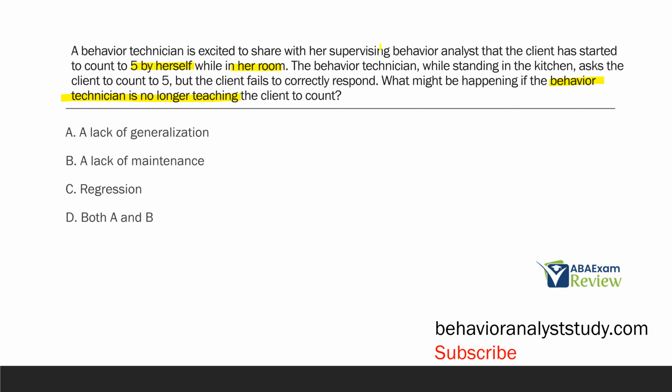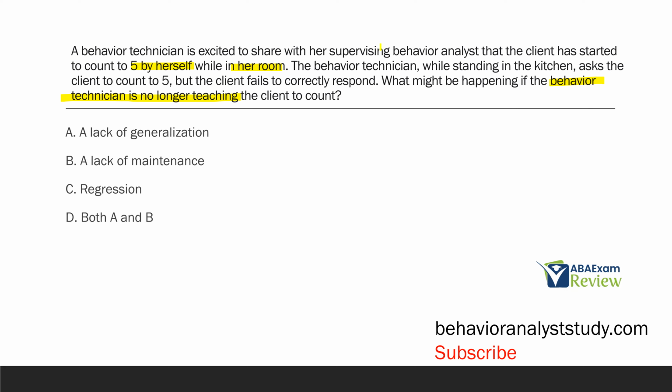That's a problem. What about B, a lack of maintenance? Sure, the technician is not teaching the client to count anymore. They should, clearly, but they're not. And since they're no longer teaching the client to count and the client can no longer correctly respond, right? There might be some maintenance issues going on.